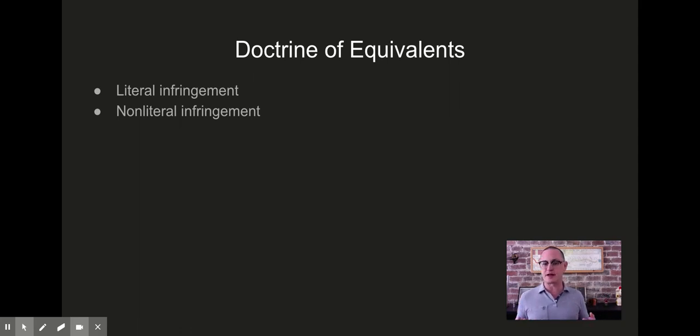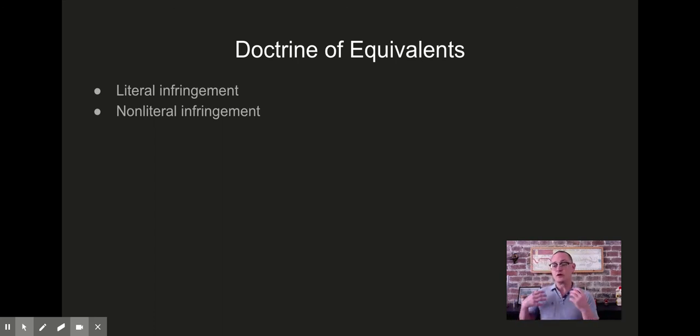Essentially, what it says is that so long as any differences between the patent claim and the product are not material differences, they're equivalent to each other, then it'll still be an infringing product. And that's essentially designed to prevent people from doing an end run around a patent, as it were, by simply changing something that doesn't matter, right?